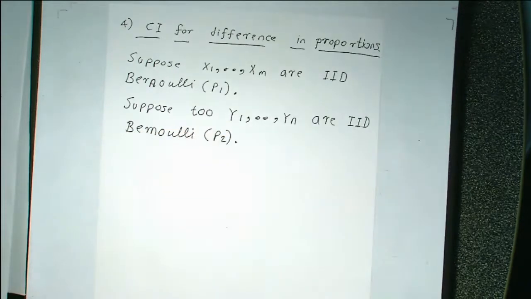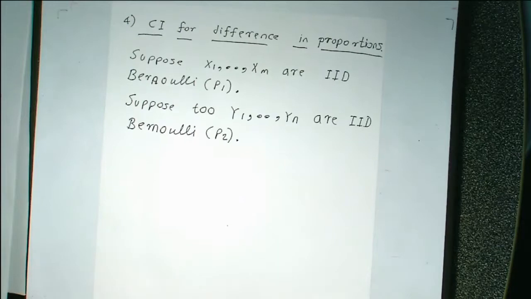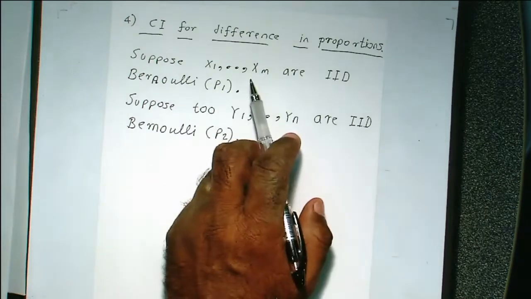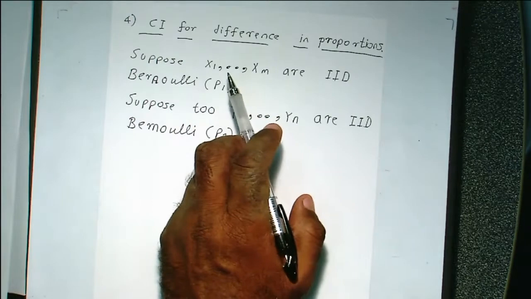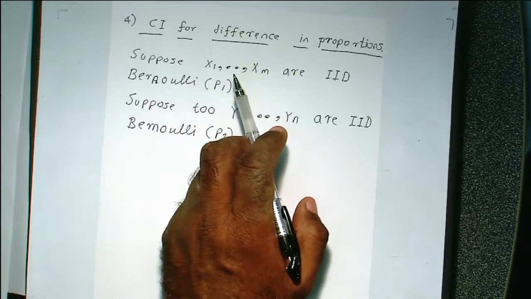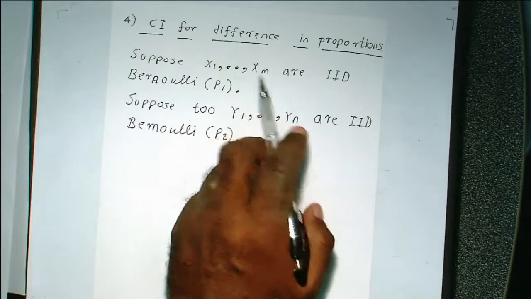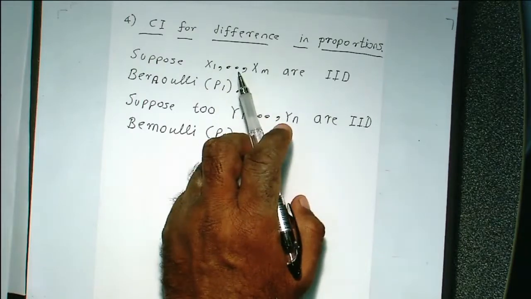For example, you could take Manchester and London, and you want to know the proportion of people who smoke in London and the proportion of people who smoke in Manchester. The first sample could be a random sample of 100 people, where each is a 1 or 0 depending on whether they smoke or not.